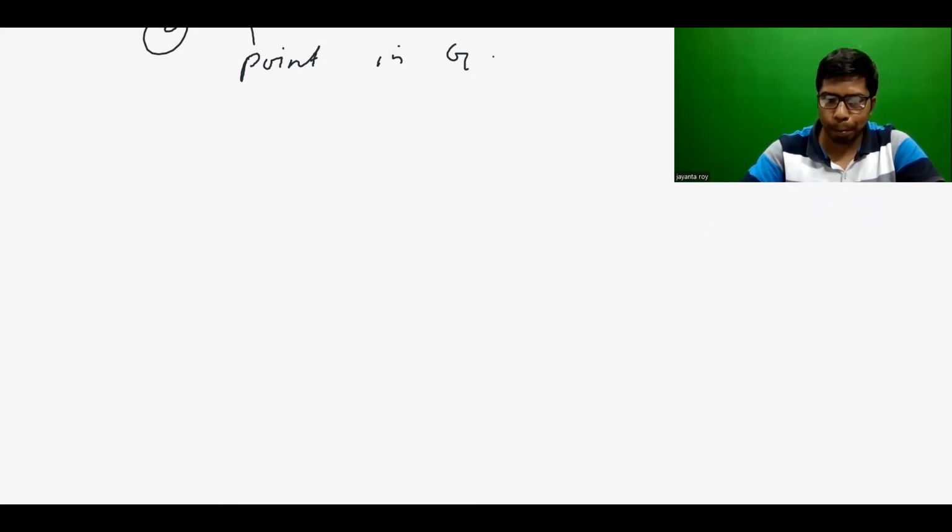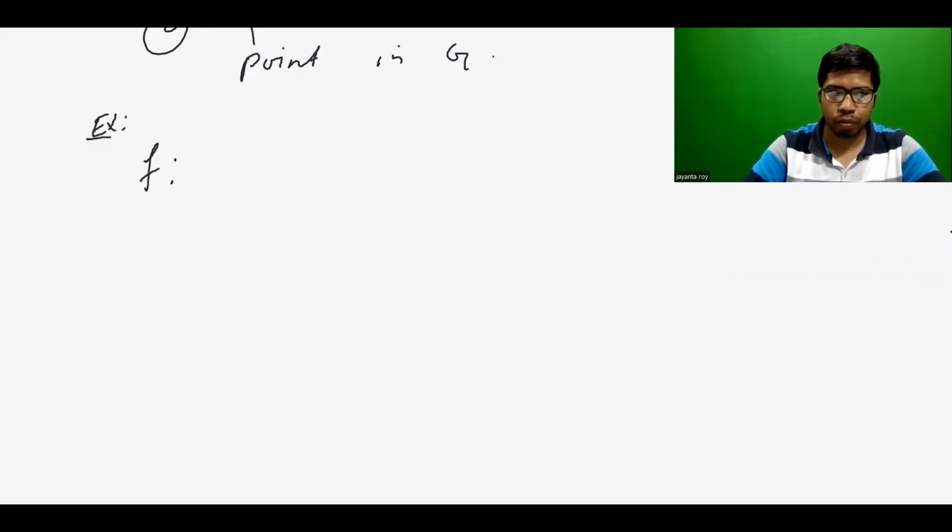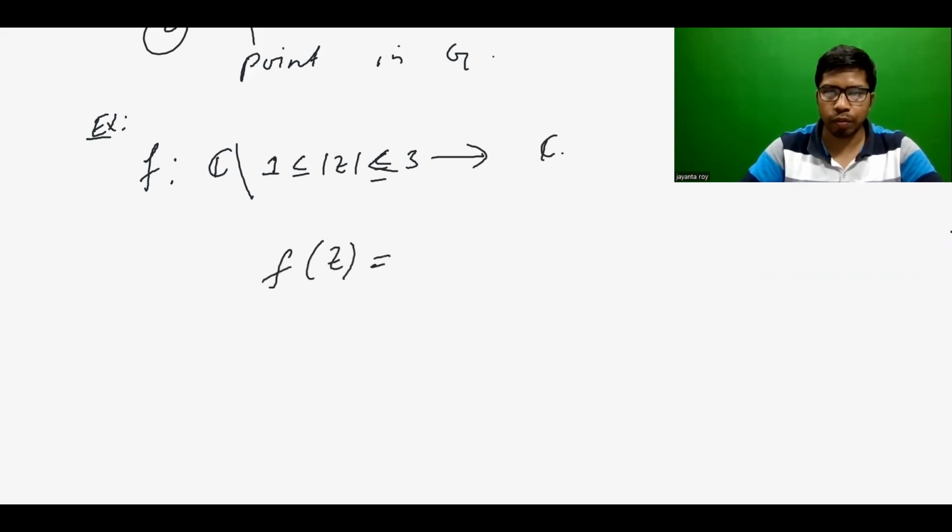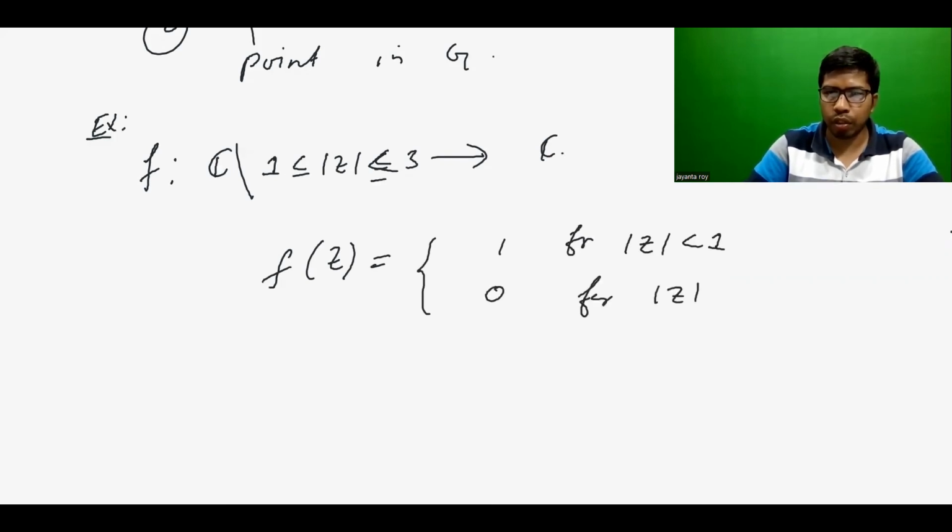Suppose f is defined from the union of two disks to C by defining the function f of z equal to 1 for modulus of z less than 1 and 0 for modulus of z greater than 3.